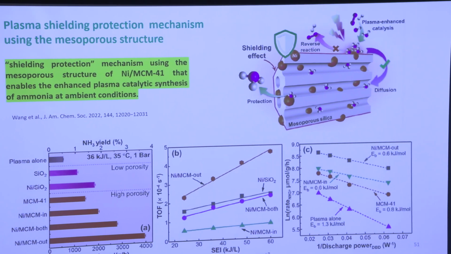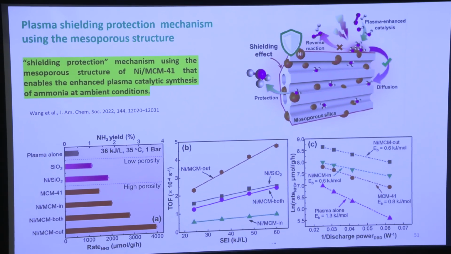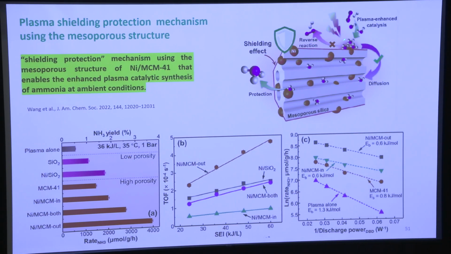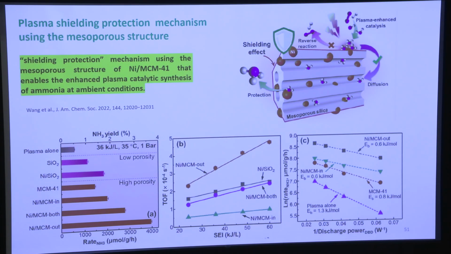And then there is another group in the UK. In the plasma you generate ammonia, but then the next electron will break the ammonia back down to hydrogen and NH. That is a problem. Using this kind of MCM, a metal complex material, when you have a plasma you create ammonia, and this ammonia penetrates this porous material, diffuses through the channel, and diffuses out.